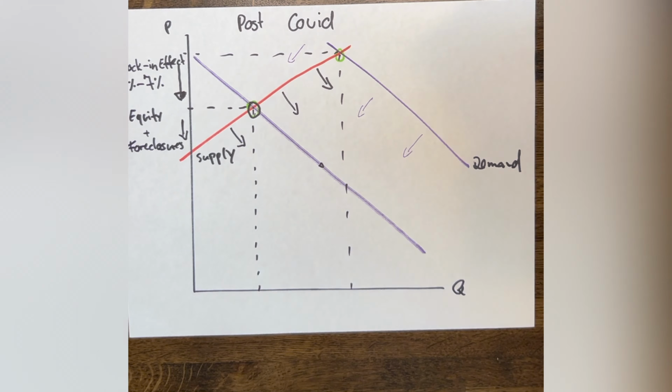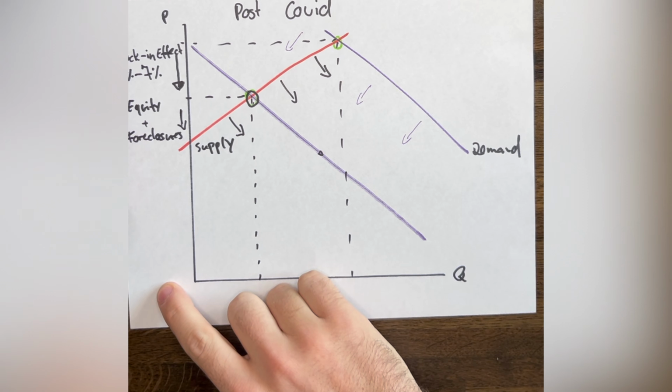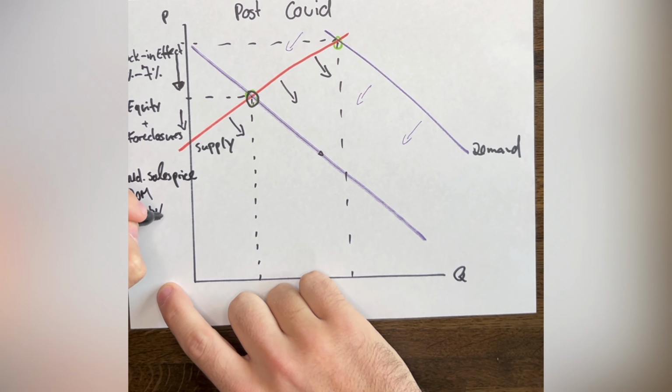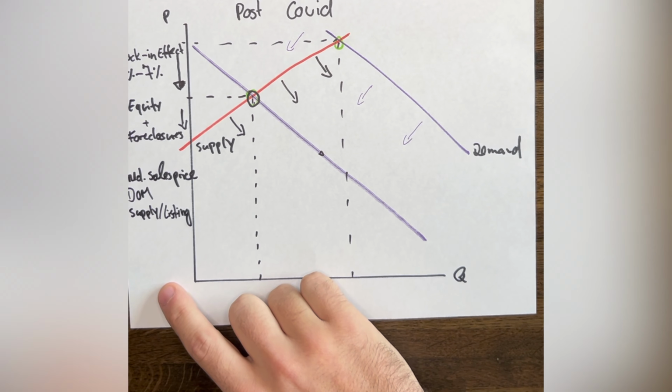Now, a couple things that you read a lot in the news are the median sales price, right? You hear days on market, right? You hear supply, which is really just another word for listings, right? Pending, active listings, new listings, things like that, right? So these are some things you hear in the media: median sales price, days on market, supply, listings, things like that.